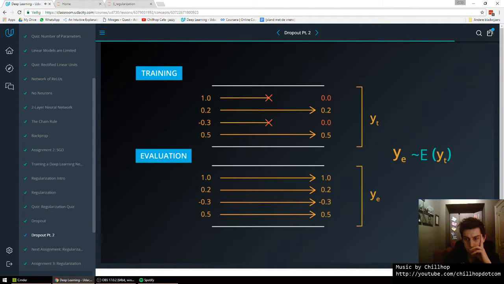Here's a trick to make sure this expectation holds. During training, not only do you zero out the activations that you drop out, but you also scale the remaining activations by a factor of 2. This way, when it comes time to average them during evaluation, you just remove these dropouts and scaling operations from your neural net. And the result is an average of these activations that is properly scaled.